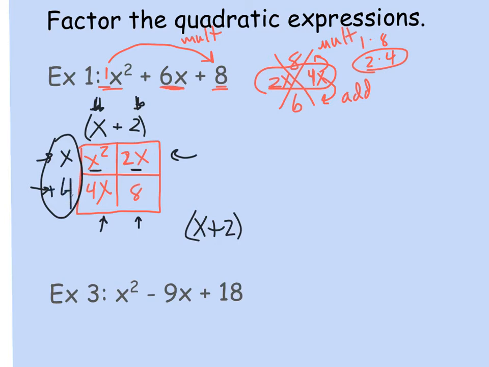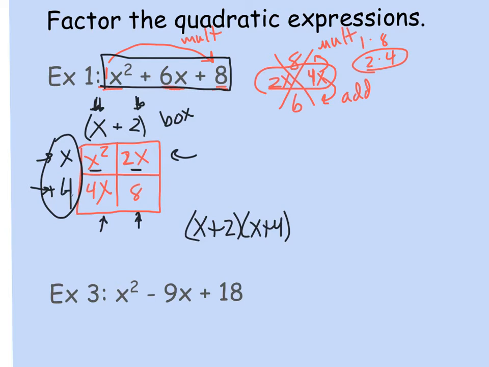And it's a positive 4. And then 4 times 2 is this 8 right here. So my other factor is x plus 4. So x plus 2 and x plus 4 are the factors of x squared plus 6x plus 8. That's one way to do it, and that's called the reverse box method. So I'll just put box over here.